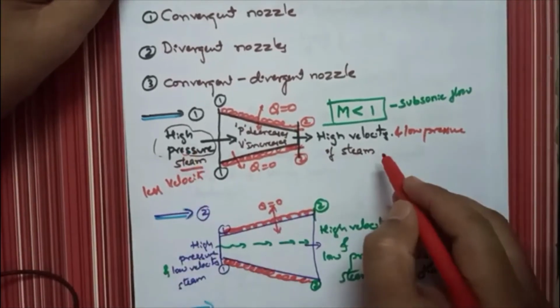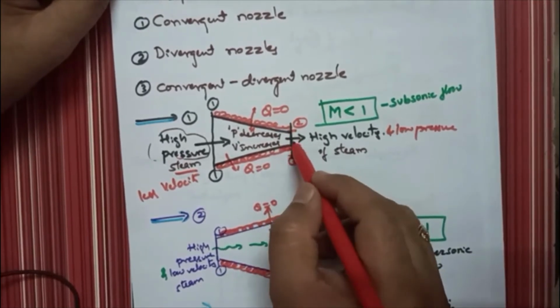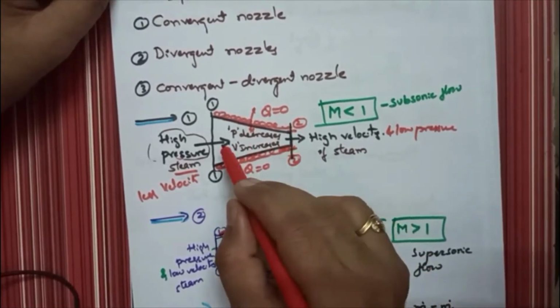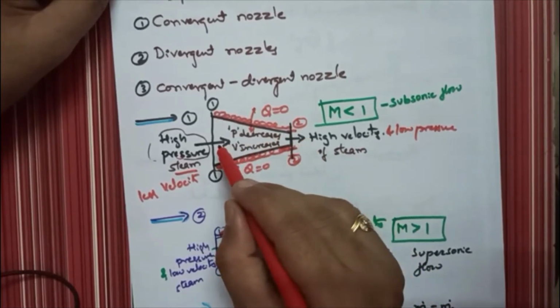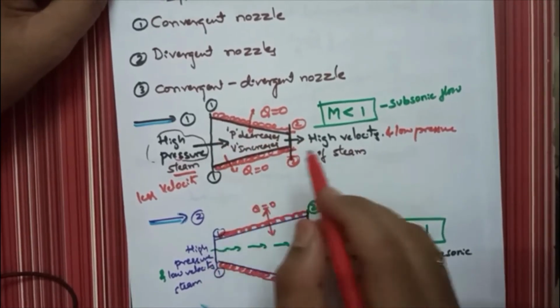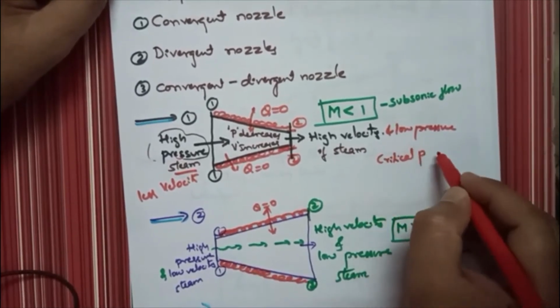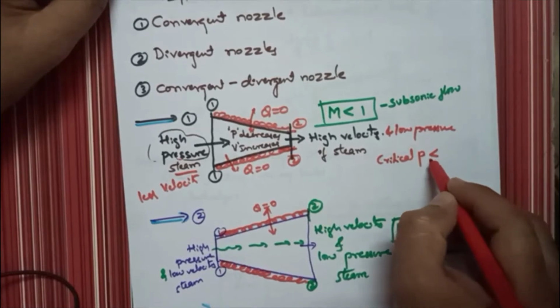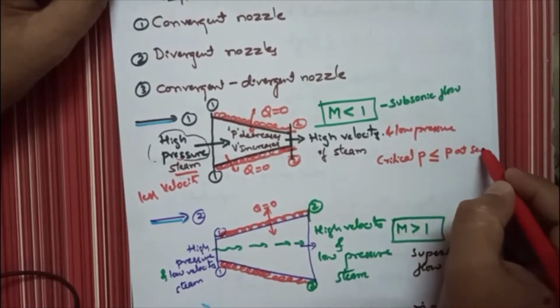That is the reason I will write here: critical pressure, that is at point number 2, is less than or equal to the pressure at section 1.